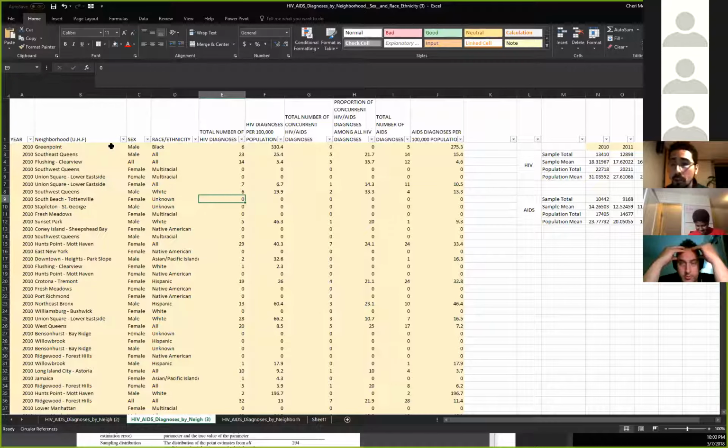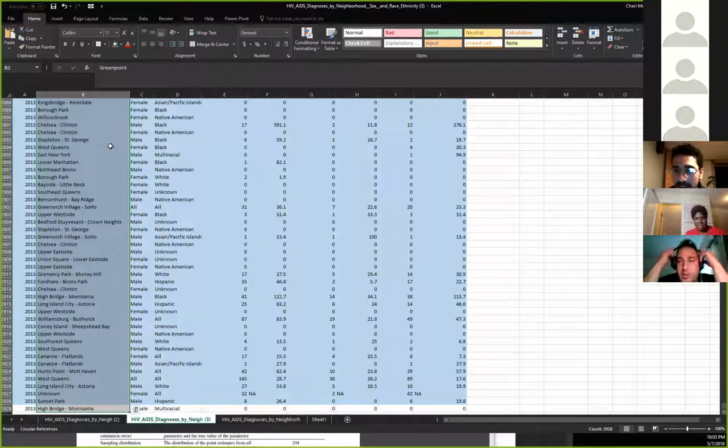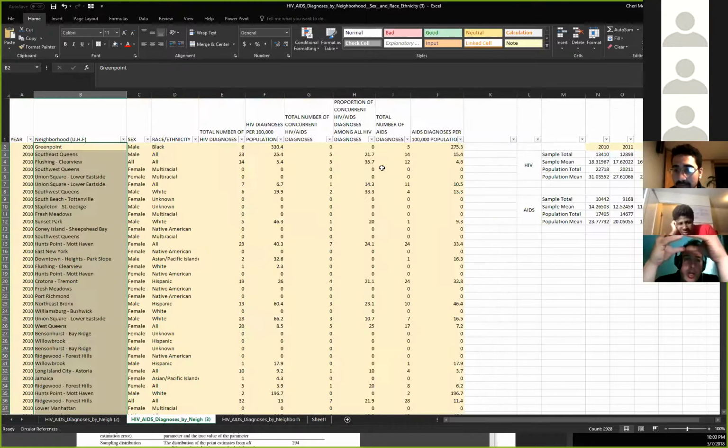Wait, what were you guys trying to do? You're trying to open up a clinic in a certain area? Yeah, the idea would be either a clinic or a center for recruiting people for developing medications, and where you target to recruit these patients based on density. So we look by neighborhood because that's how it was sorted.